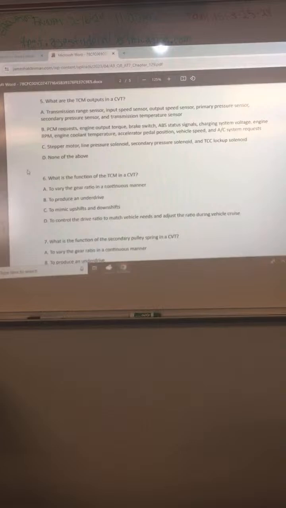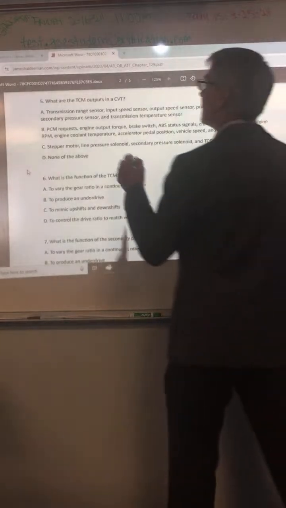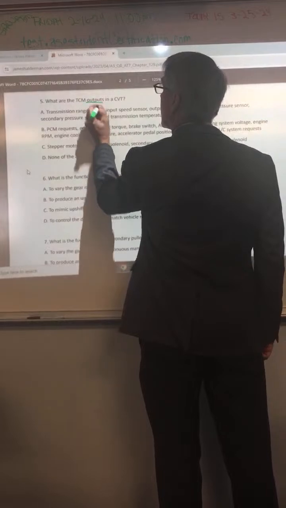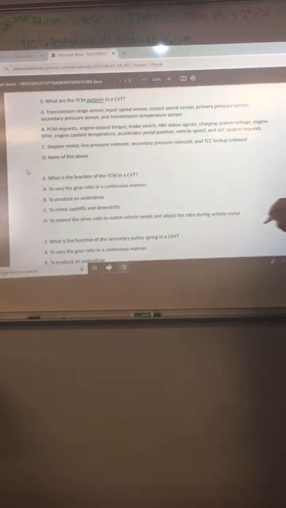Okay, 5. Since you got all of them right so far, let's see how you're doing with this one. What are the TCM outputs in a CVT?